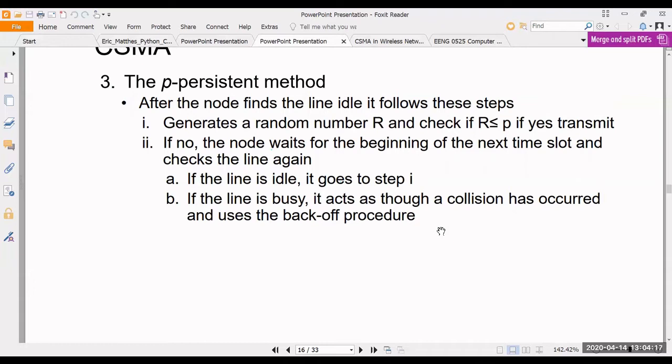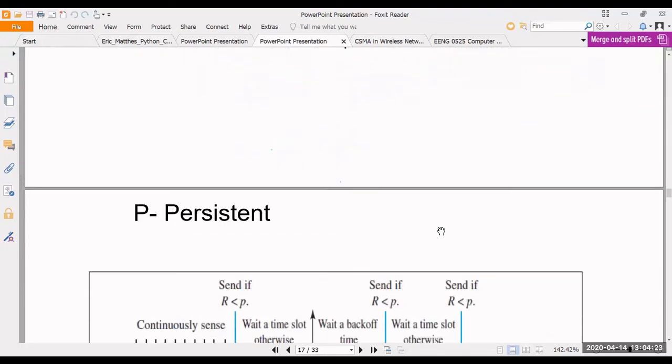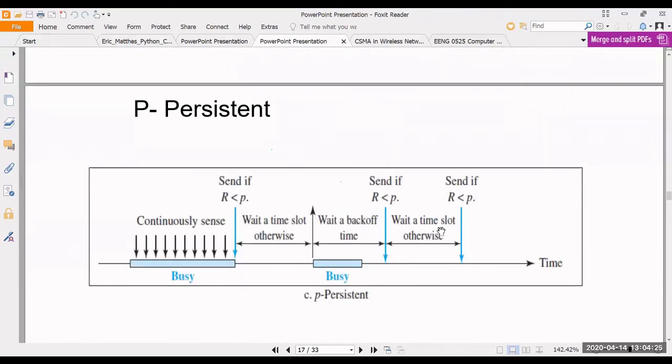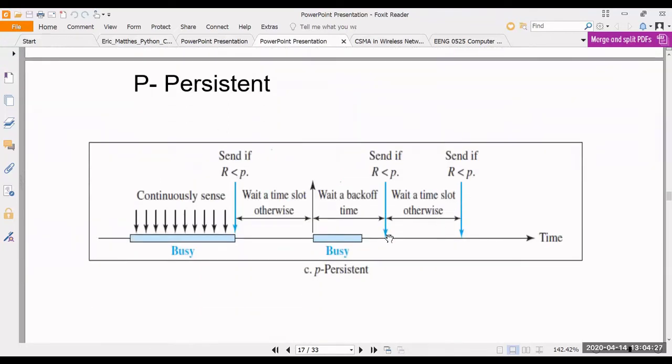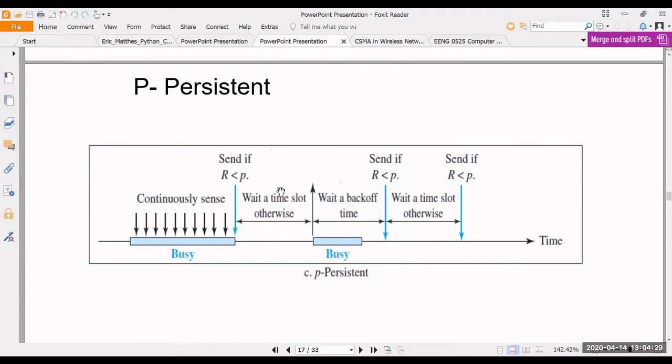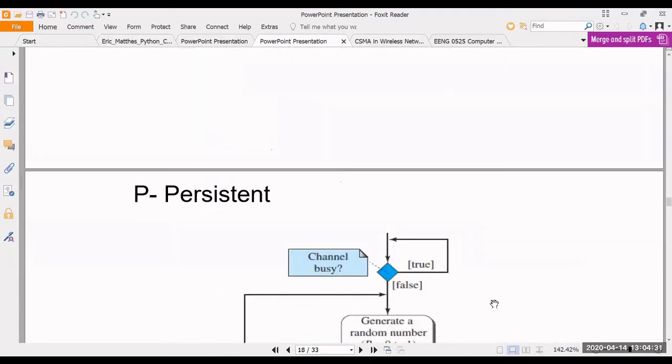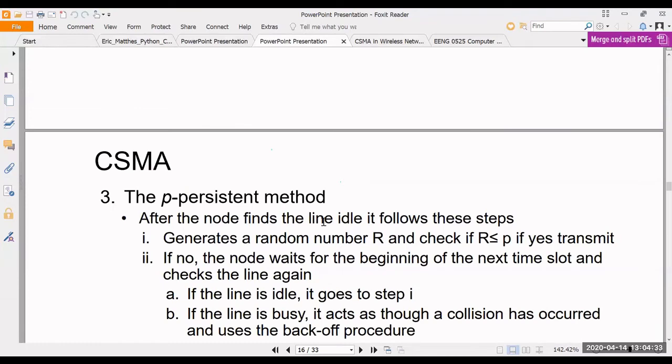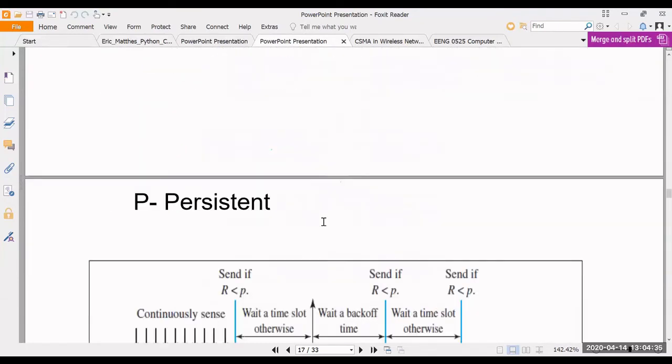So we can continue. That's the idea. This is the graphical illustration, which can be used to explain the writings here.